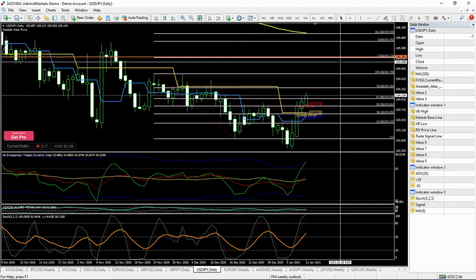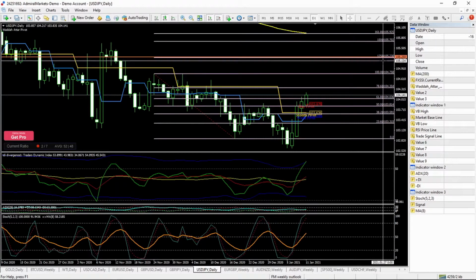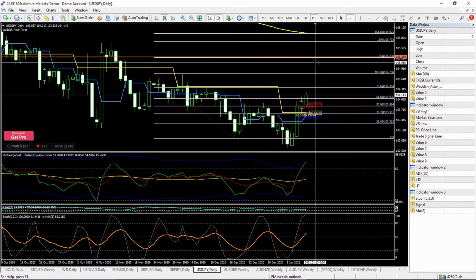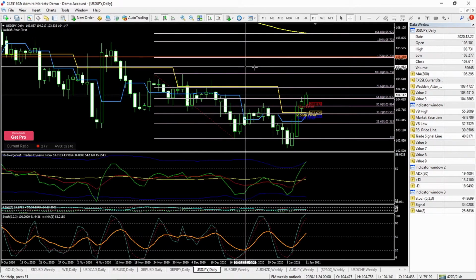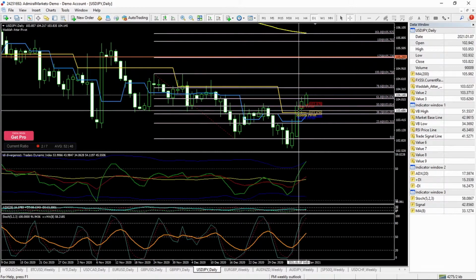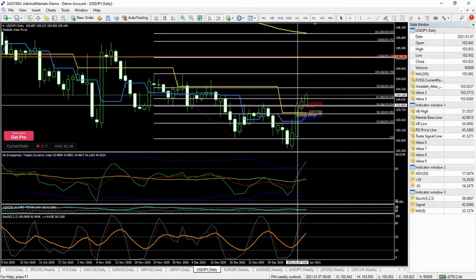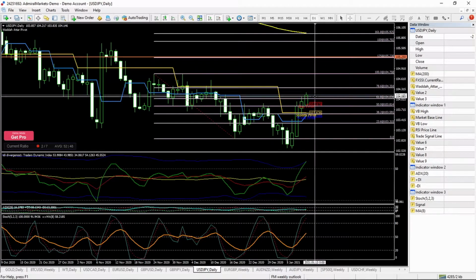On the 125, you have a resistance line. So I would take it around to this area, which is over here. That's if I would have picked it up here, then that would be about 137 pips. If you pick it up here, that would be about 100 pips.